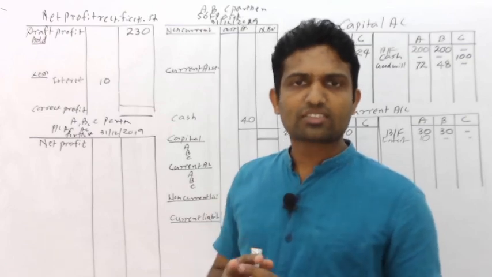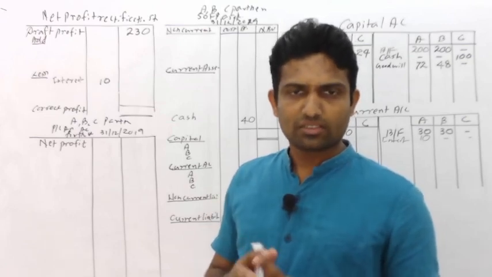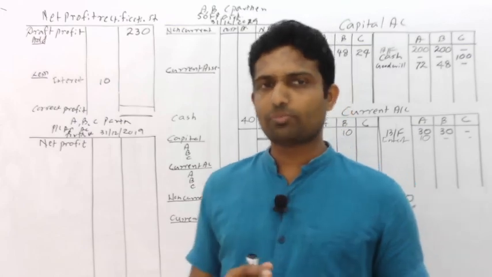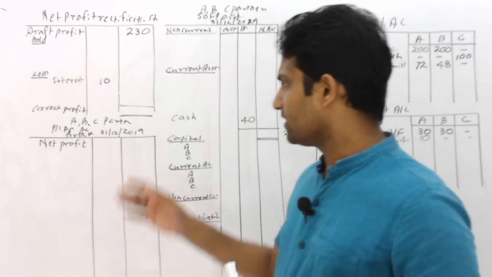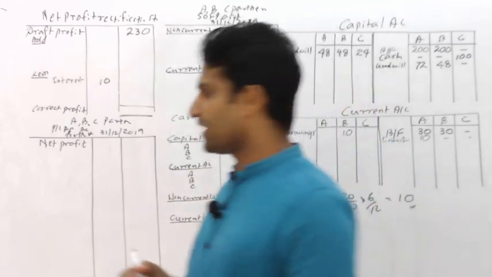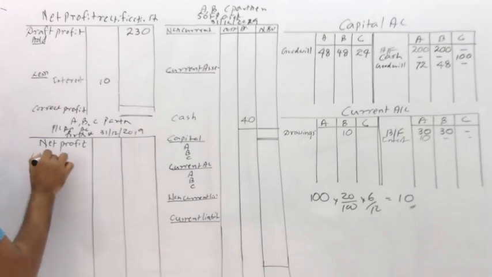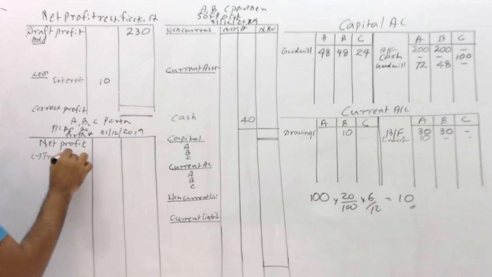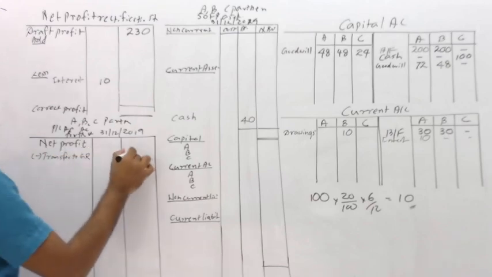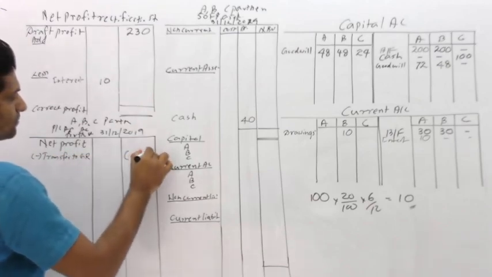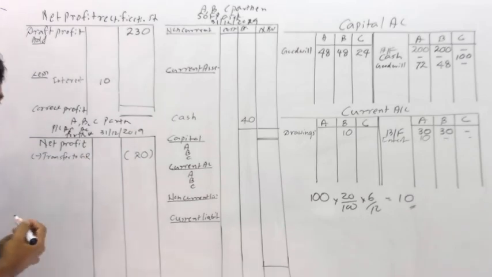Reserves are undistributed profits among partners. That is a profit which is not shared among partners. Therefore, before they appropriate the annual profit, deduct transfers to reserves. Transfer to general reserve 20,000.